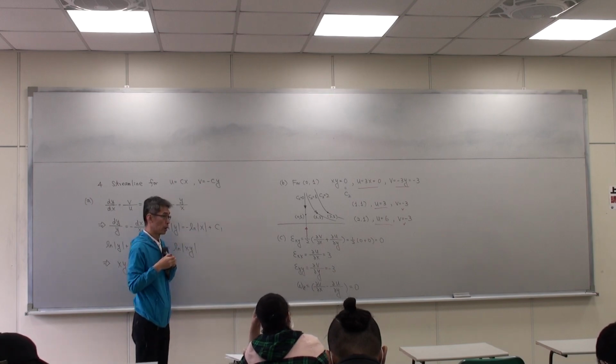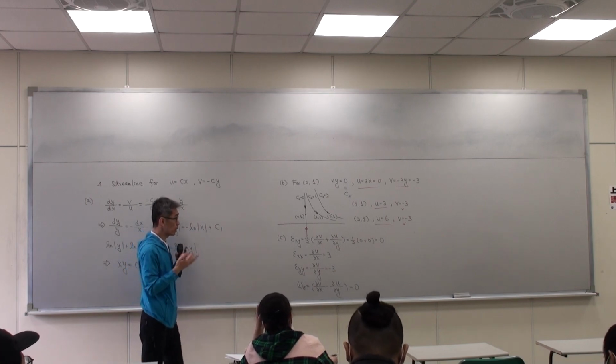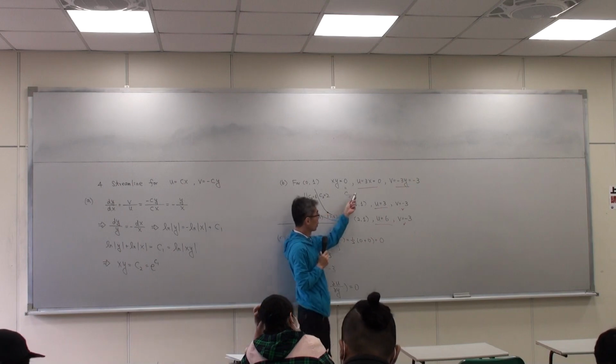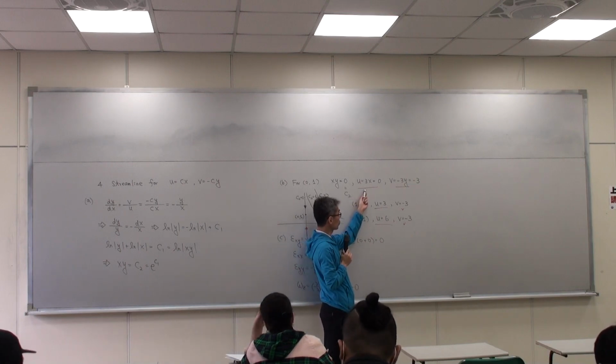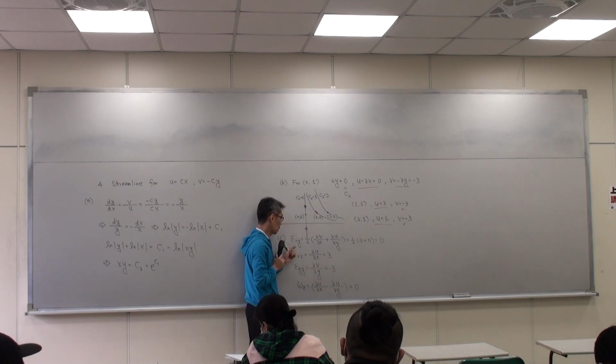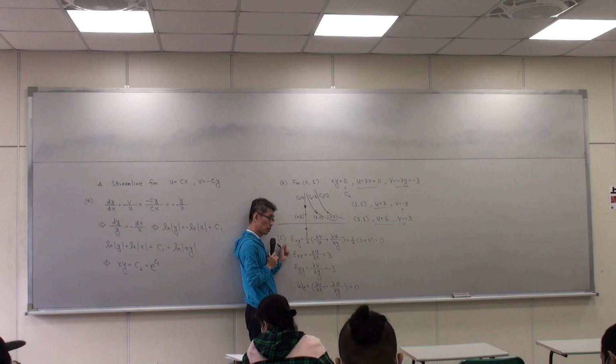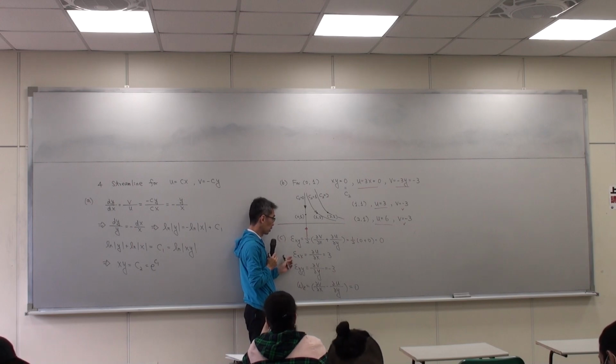Okay, so similarly, if we use this velocity relationship function of x, y, we will get the strain rate like 0, and normal strain like this and this.